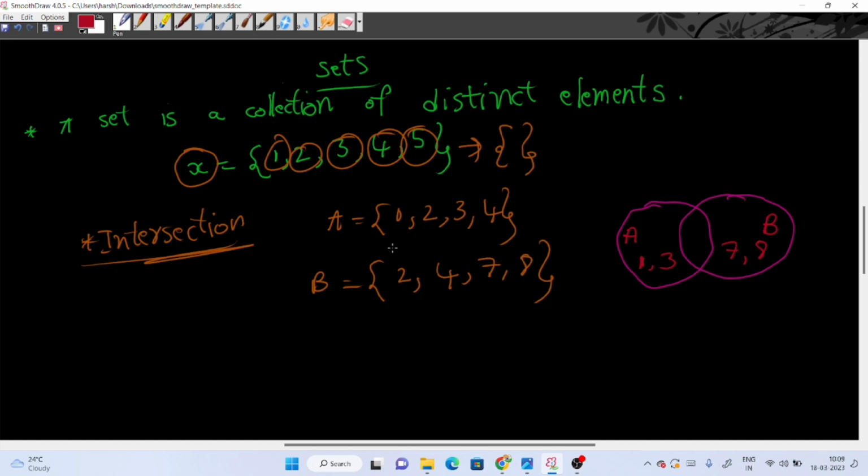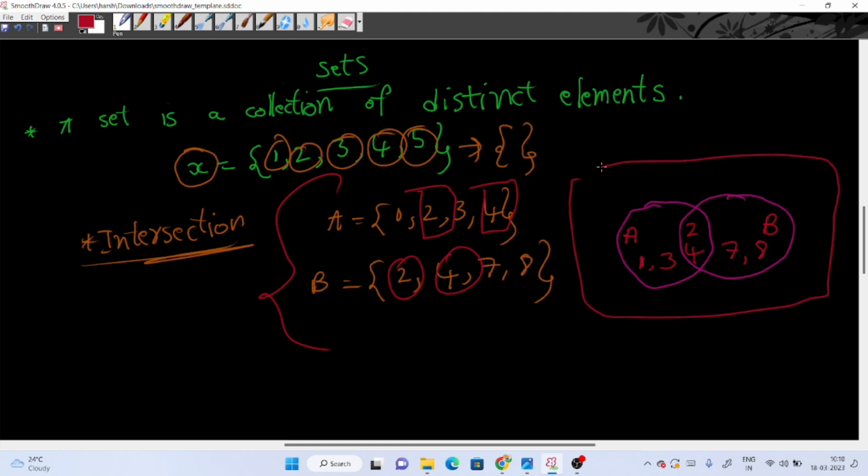But looking at A and B, we have common elements, 2 and 4, in both the sets. So we will put them here where the circles intersect. So this is the Venn diagram of A and B.